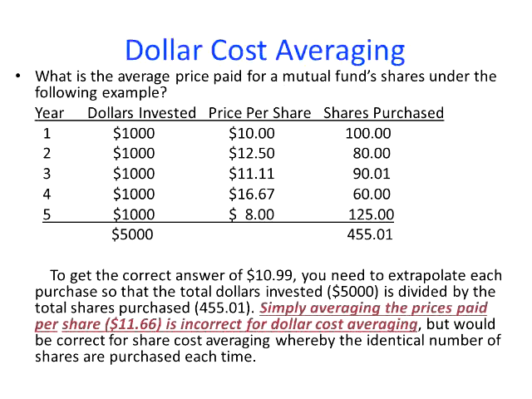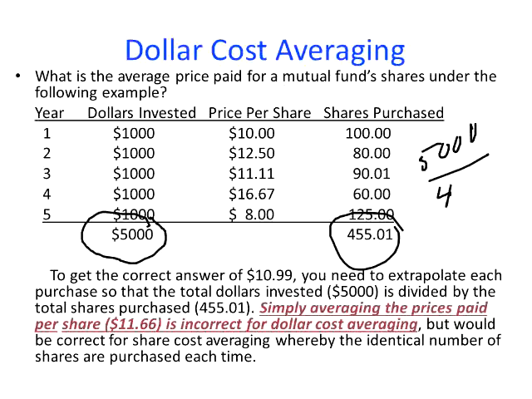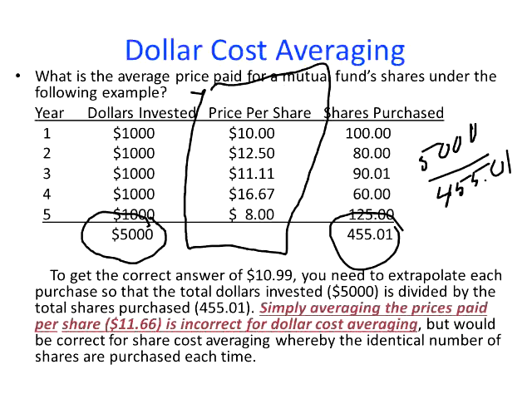If you can come up with the total dollar value, 5,000, divided by the total number of shares, 455.01 shares, you'll get the average share price. Simply averaging the prices, you don't just add the prices together and divide by 5 to come up with an average share price. No, that's not the way you do it. You've got to do the total dollar value of the portfolio divided by the total number of shares.